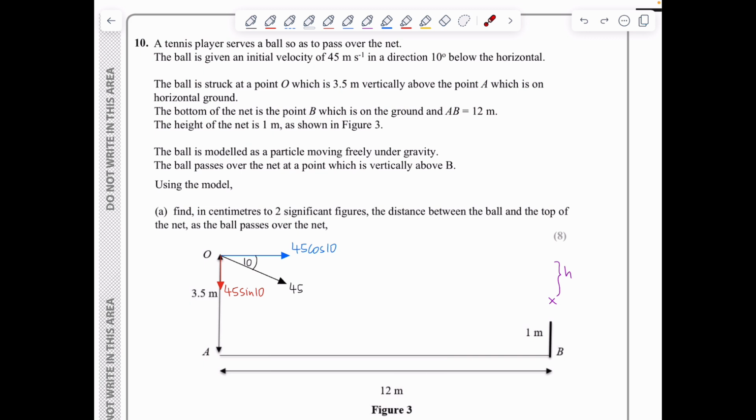And I will proceed with SUVAT equations in the horizontal and vertical directions to determine the distance between the ball and the top of the net, which is this distance here. So once we find H, it's going to be 3.5 minus H minus 1. That will give me the distance above the net.